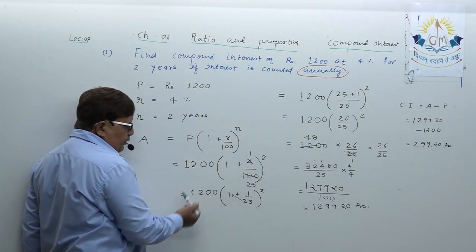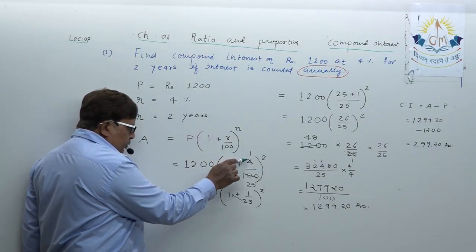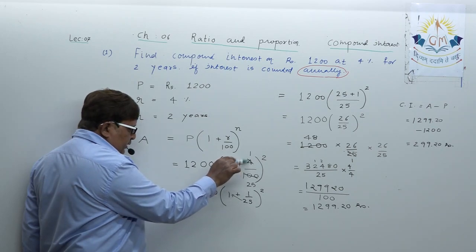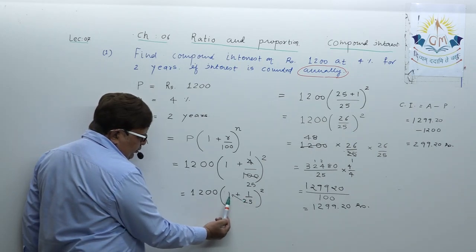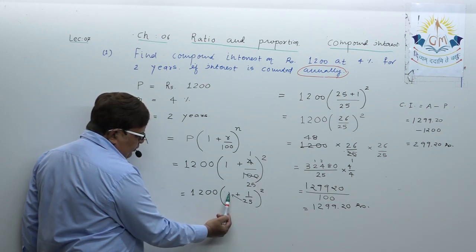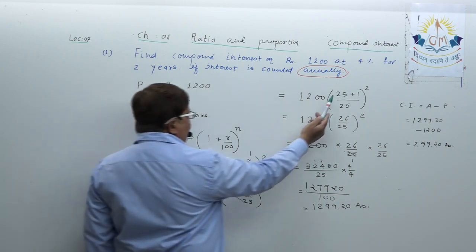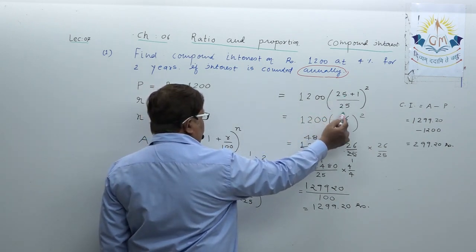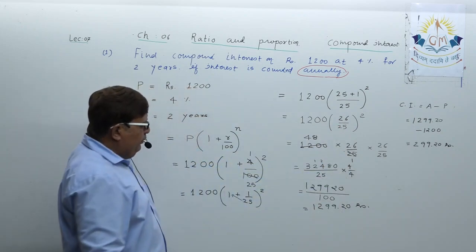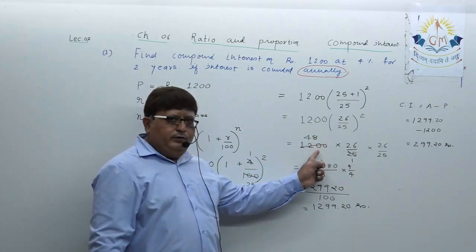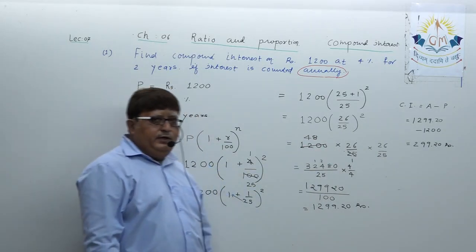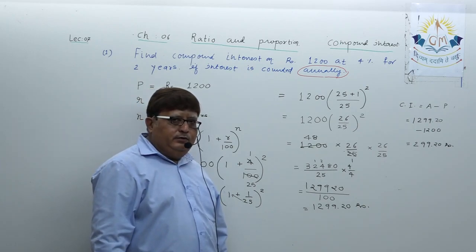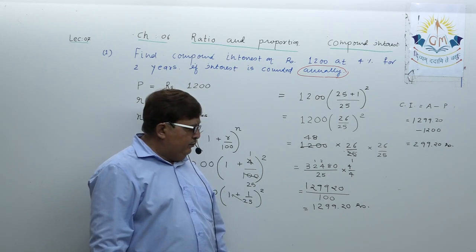First you put the value, then you show the cancellation, then this is very important for you, taking LCM. 25 plus 1, I have done the step for you, 26 upon 25 whole square. This is as it is, 26 upon 25 to be written twice for the calculation.